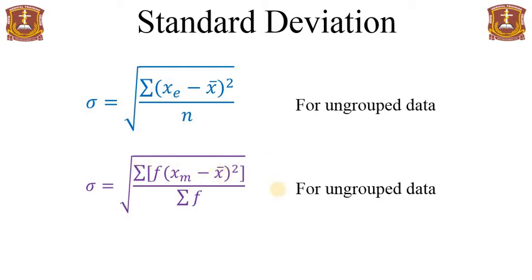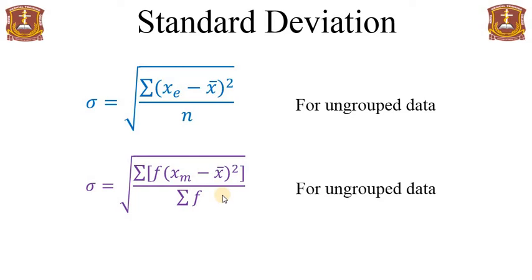Then the difference between the mean and the midpoint, and the square of that. Then you find a column for the product of the corresponding class frequencies and the squares. You get the summation of that, divide by the total frequency, which is given by summation of f. Then the result is put under the root and we find standard deviation. So this is for grouped data, and the other is for ungrouped.